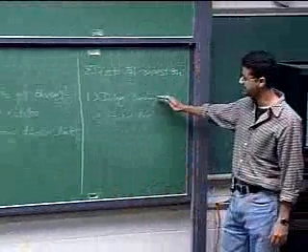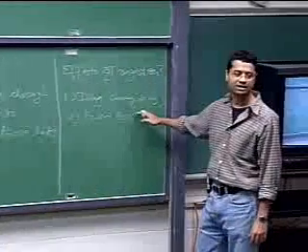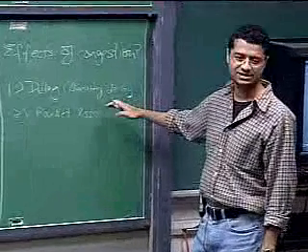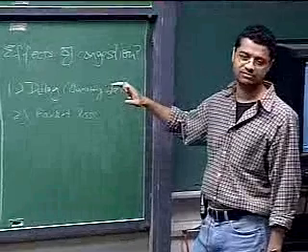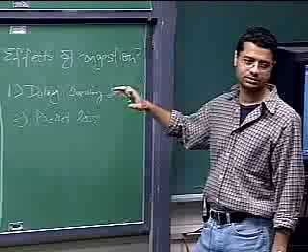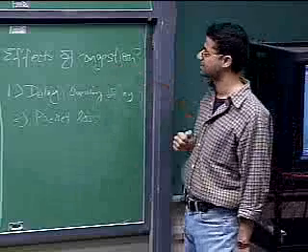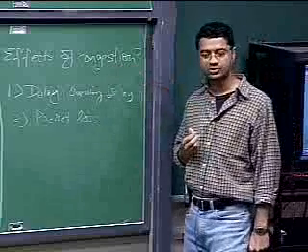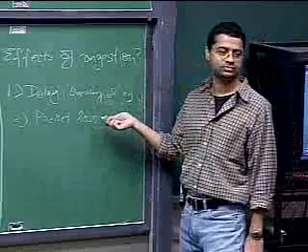So both of these things, delay and packet loss, you can sense at the sender or the receiver. So you can sense if congestion is occurring in the network by measuring these two.